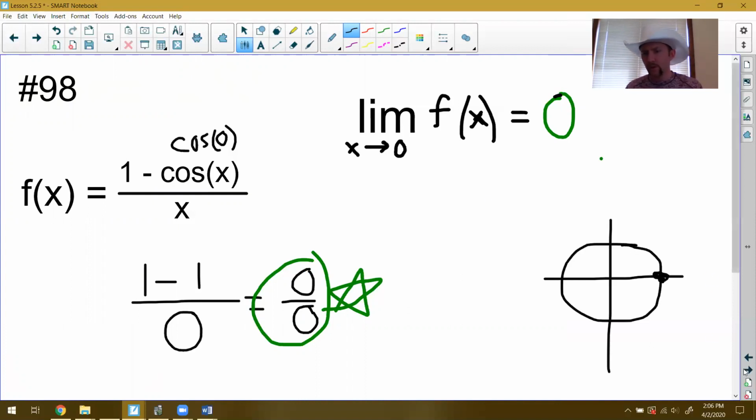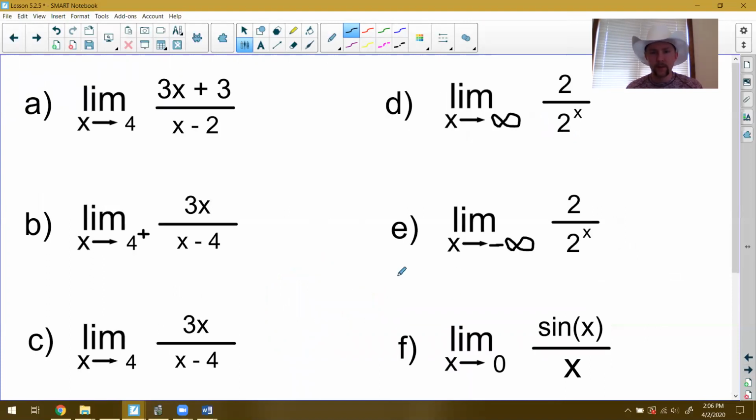Last thing I want you to do is I have an extra practice problem here for you. It's not in your book. You can just call it extra practice in your notebook. It's very similar to what we dealt with earlier. I have 6 limits that I would like for you to find.